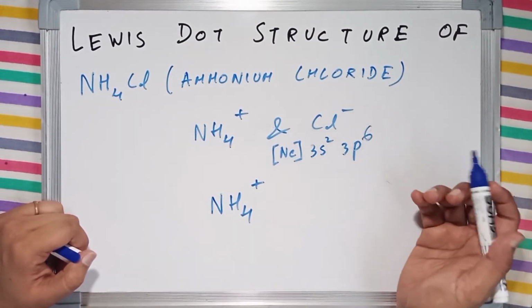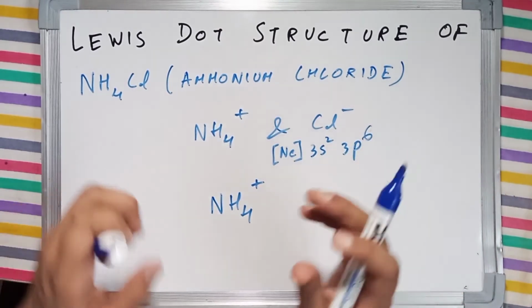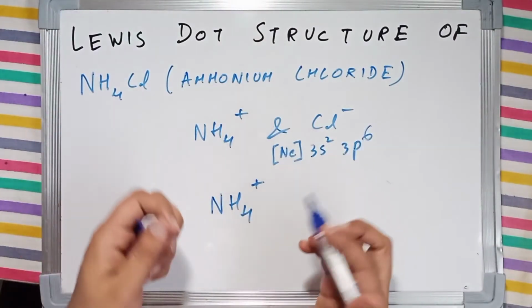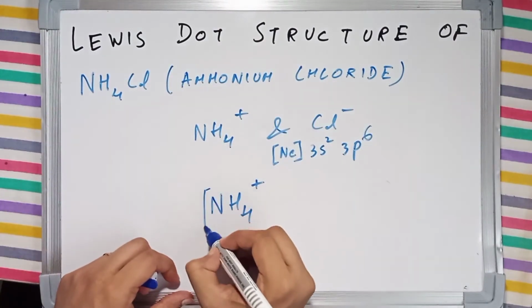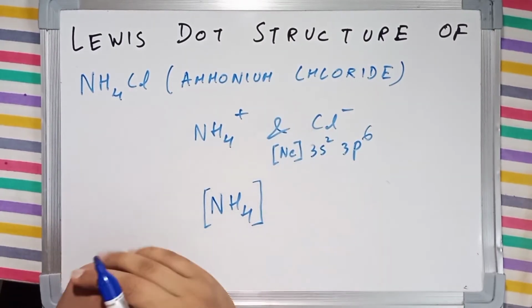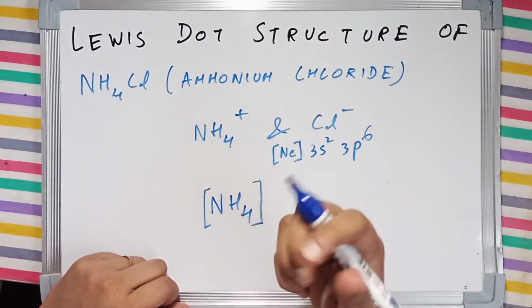But since it is negatively charged, it wants to stick with an ion which has a positive charge. So what happens is that there's no formation of bonds in an ionic compound, it's just attraction.